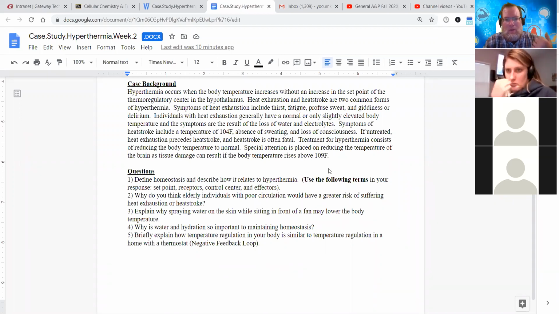Do some people radiate more heat than others, or are they just dehydrated more? Well, some people do radiate more heat than others, simply because I think they're metabolically more active. So your chemical reactions in the body, that's metabolism. So folks who have maybe a higher metabolic rate might radiate a little bit more heat.